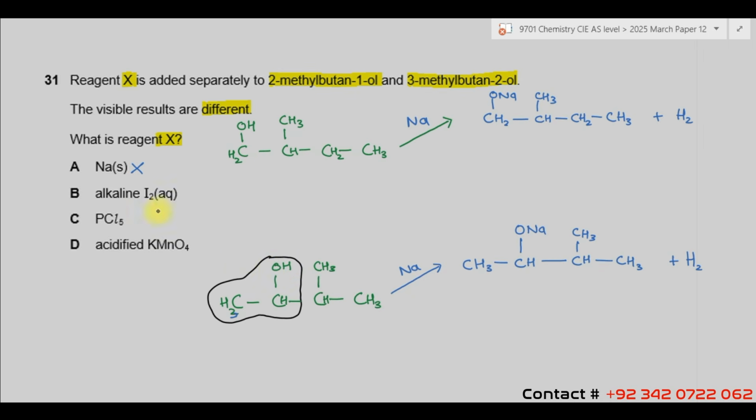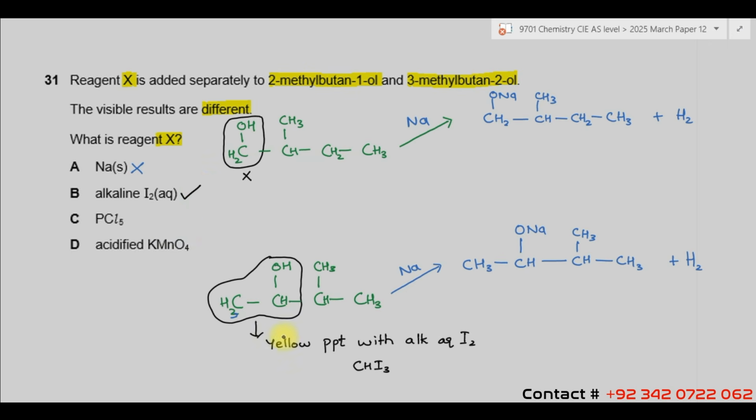So this gives positive result with alkaline aqueous iodine and will form yellow precipitate. The yellow precipitate will be of this group, which will later convert into CHI3. In the other case, we do not have any CH3 group and this is primary alcohol, so it does not give positive result.